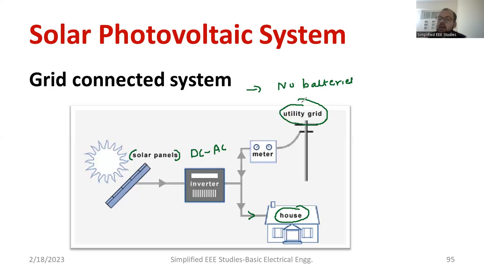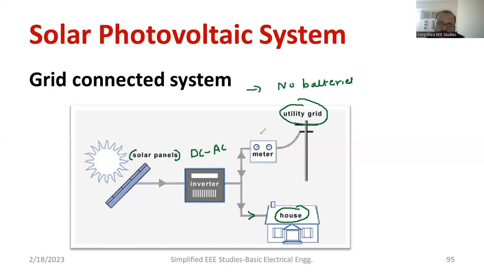There are different authorities with respect to the state, different electricity boards in a particular state, which regulate it. The excess energy will be sold directly to the grid. The grid is a receiver actually.